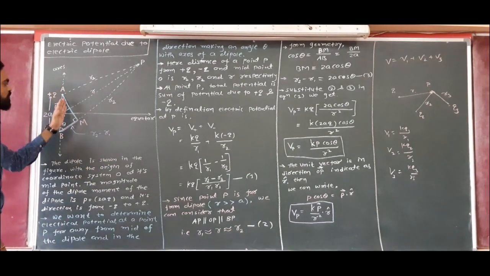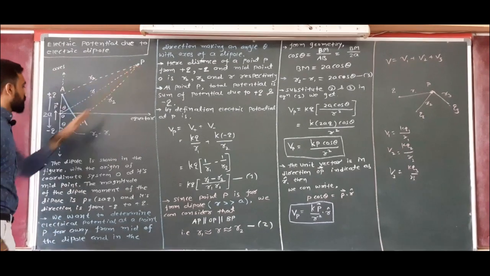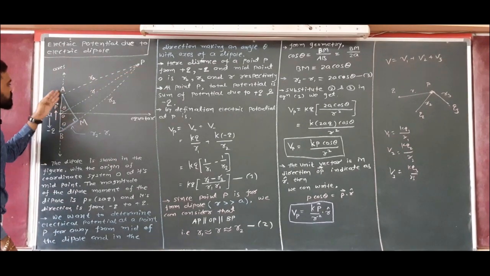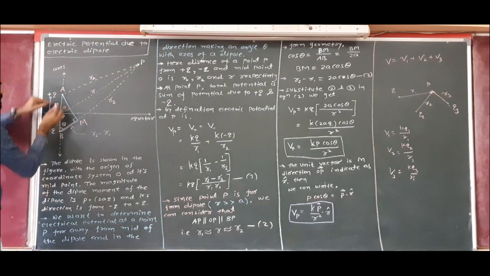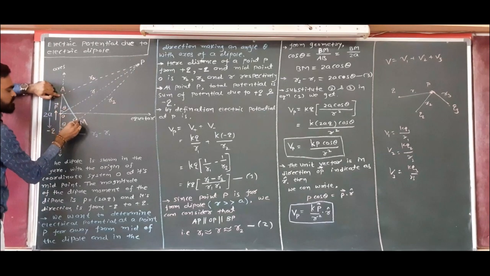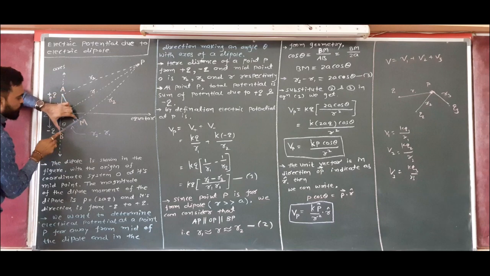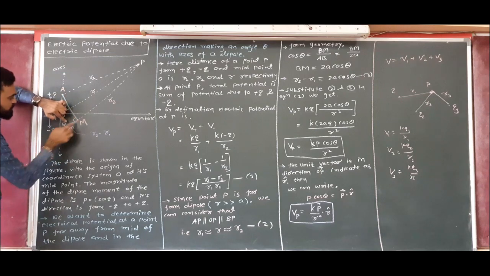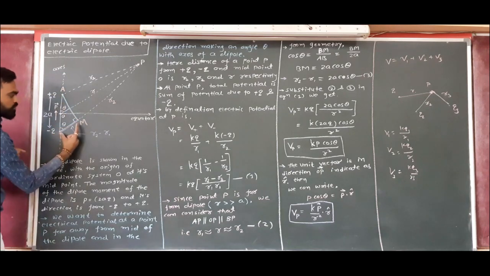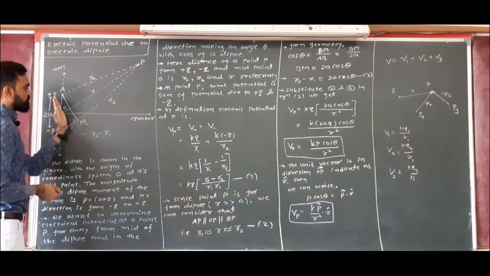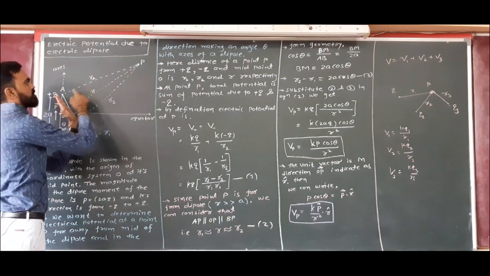Just draw a perpendicular from A onto the line BP, just like this. So this point is M. When you remove this distance BM, the remaining length of R2 is now similar to R1.